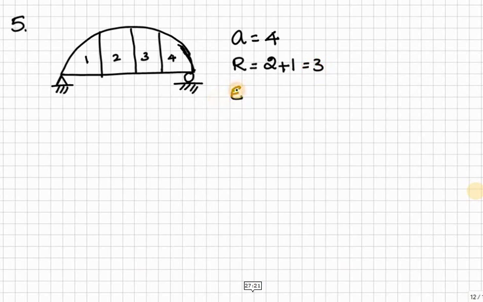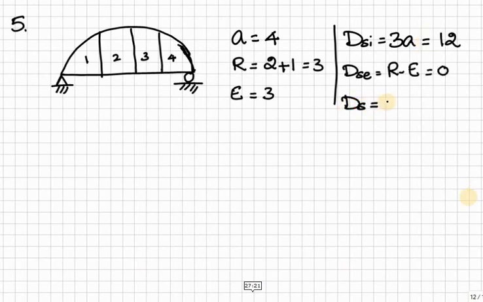And E is equal to 3. Totally 3 equations we have. Therefore, from method 1, DSI is equal to 3 times A, DSE is equal to R minus E. So, therefore, DS total statical indeterminacy is equal to 12.